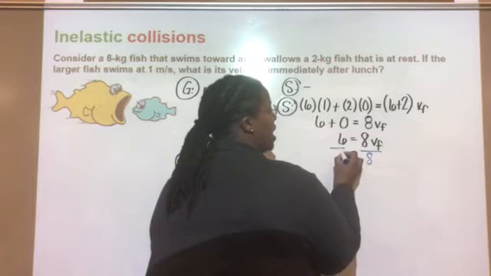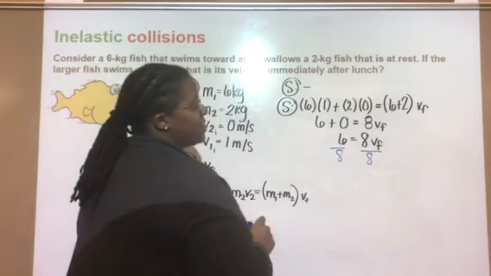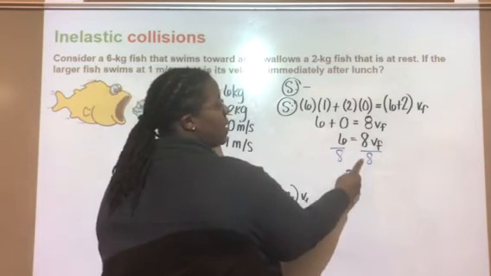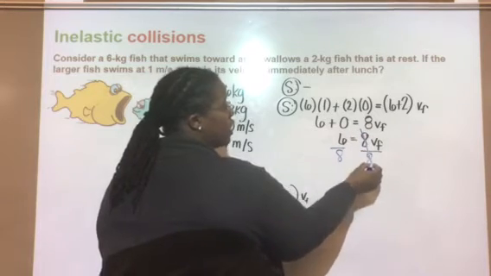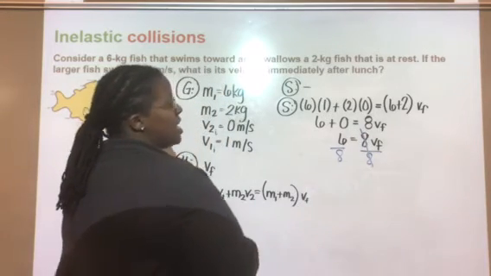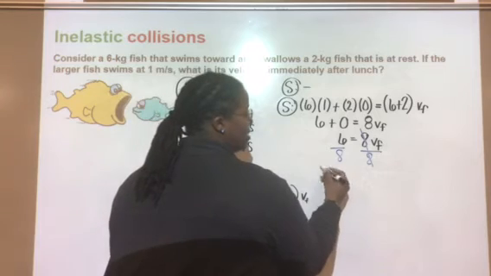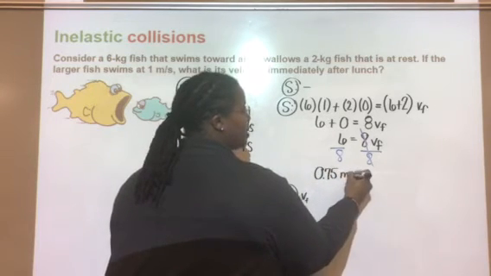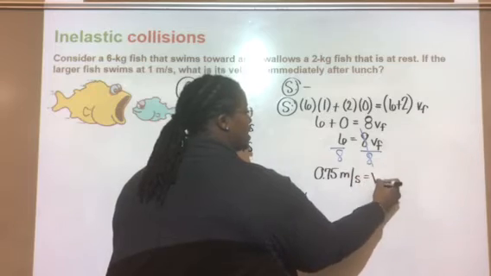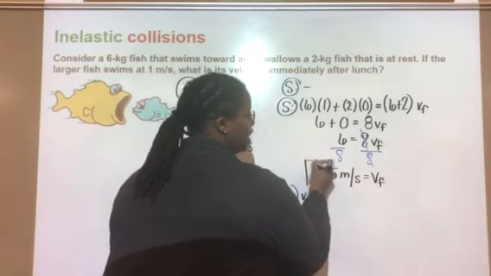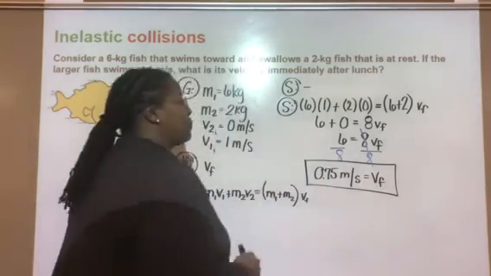So we're going to divide both sides by 8. 8 on top, 8 on bottom. Those are going to cancel out. 6 divided by 8 will give me 0.75 meters per second. And that's going to be the final velocity that we've been looking for.